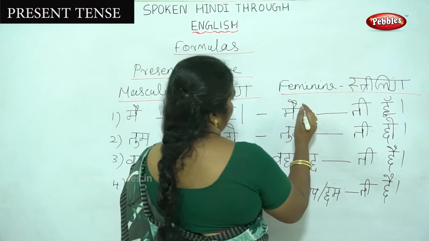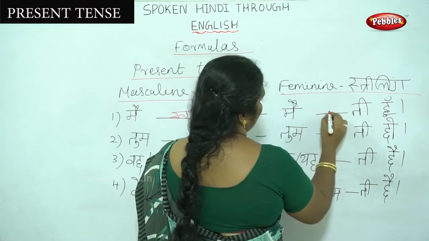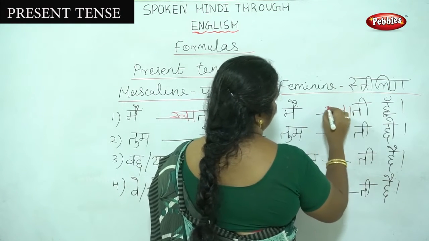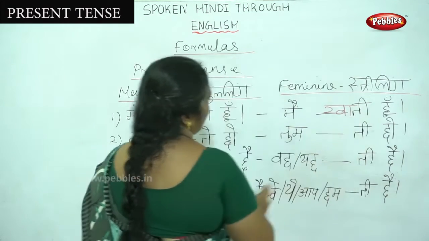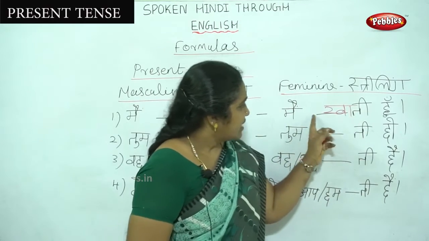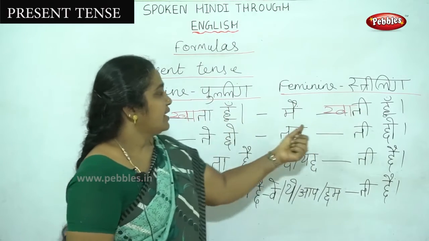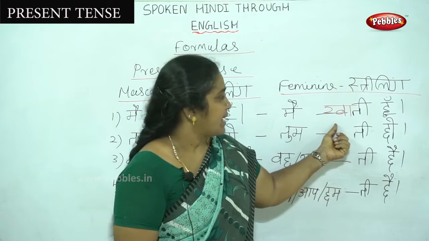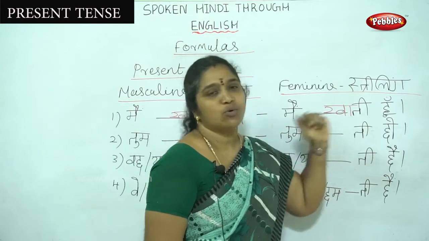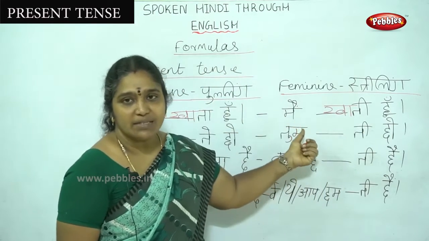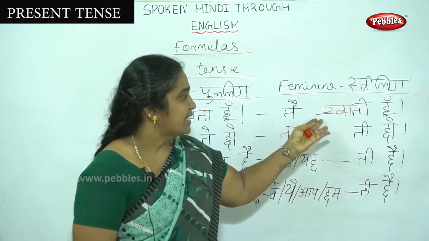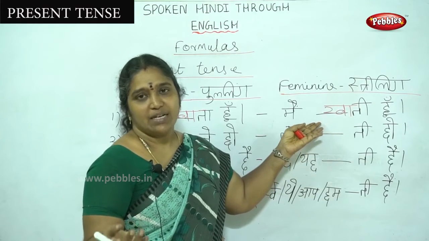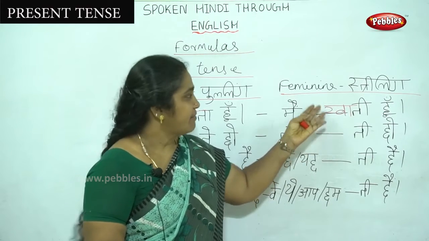Likewise for feminine, the root verb is the same, but the pronunciation is different: here ta, here ti. It is for feminine. मैं खाती हूँ. Here it is a girl, a woman, like feminine.